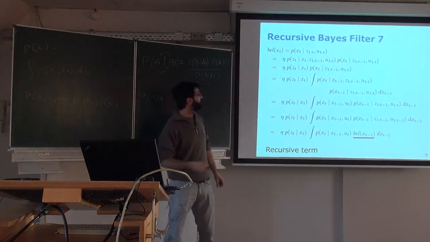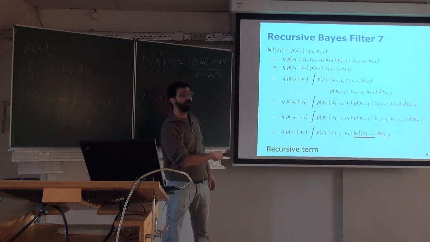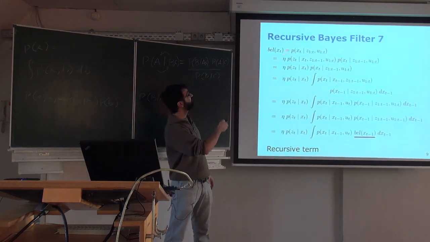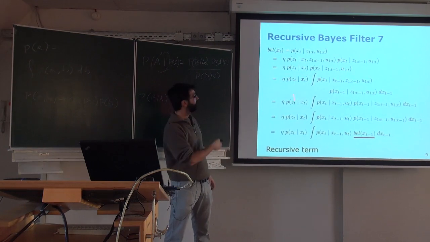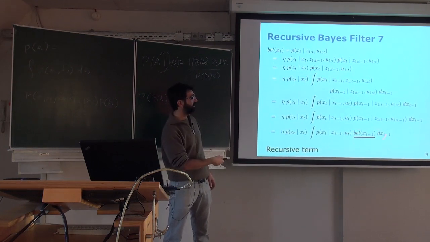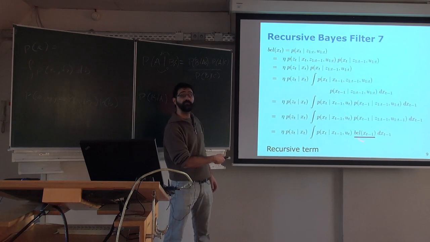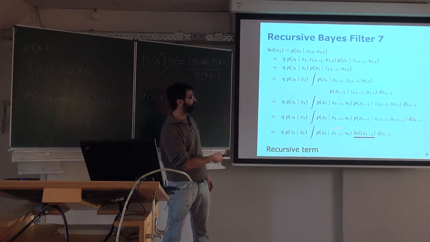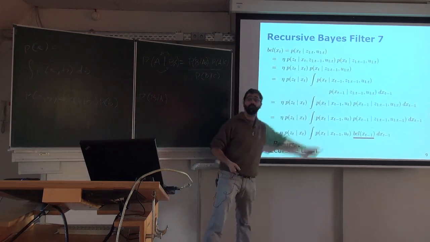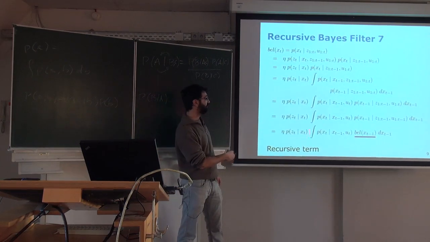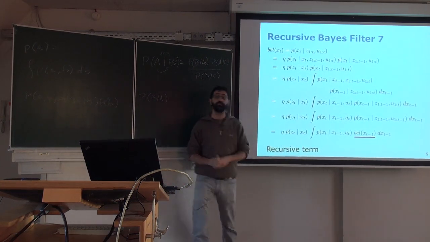So at the end, we end up with this recursive formulation where the belief at time t is equal to something where we use the belief at time t minus 1. We propagate it through the motion model, that's what we call the motion model. And then we update using the observation model, which is this distribution here.